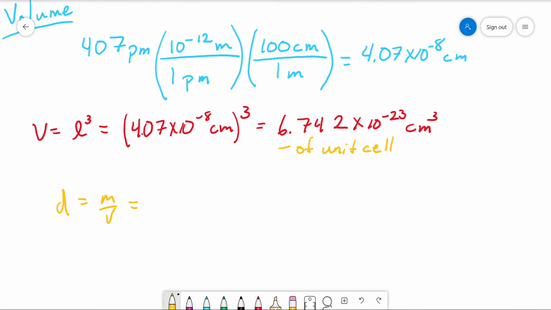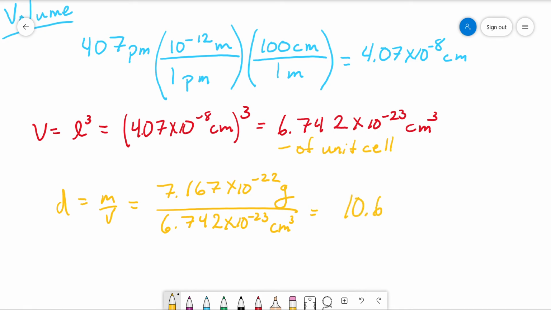So we get 7.167 times 10 to the negative 22nd grams over 6.742 times 10 to the negative 23rd centimeters cubed. And that comes out to 10.6 grams per centimeter cubed.